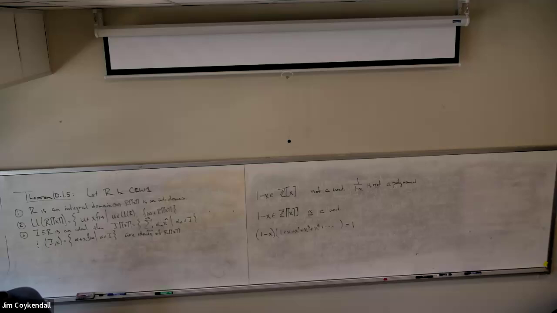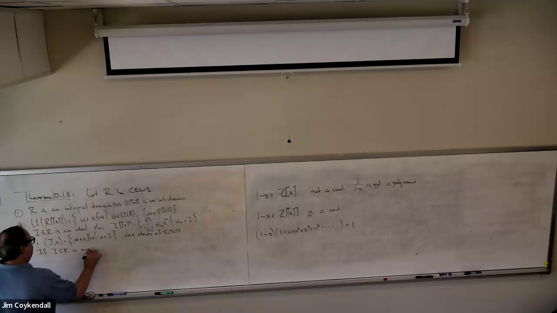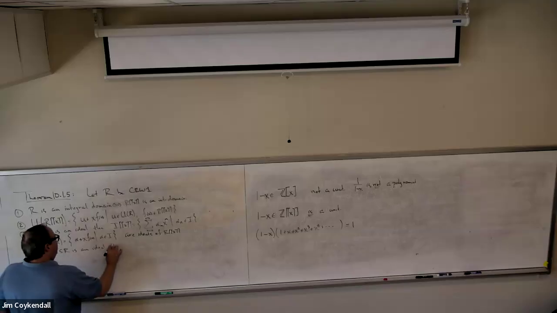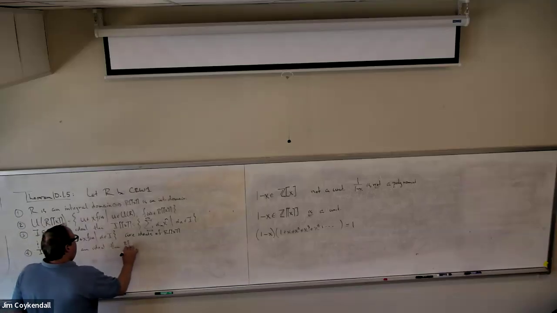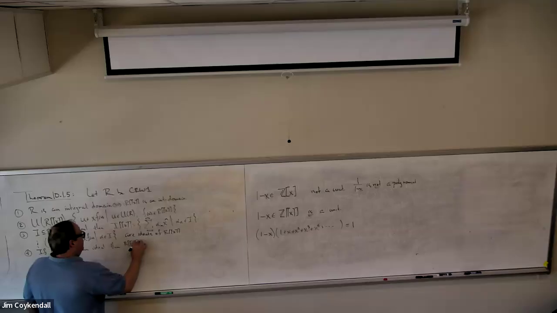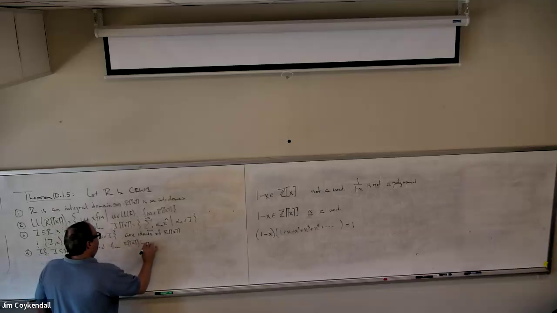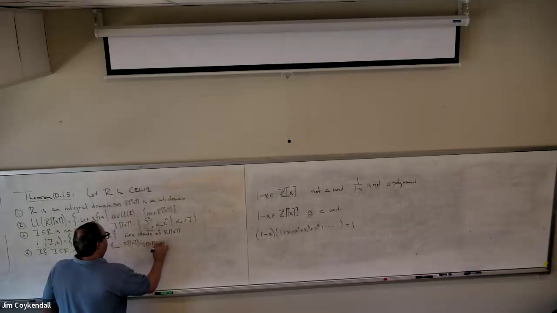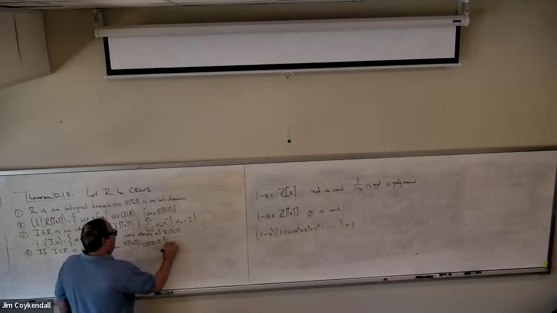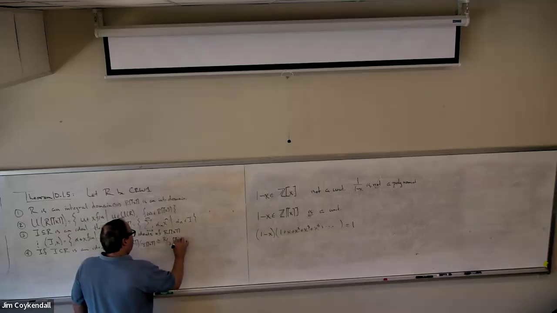If I in R is an ideal, then R[[x]] mod I[[x]] is isomorphic to (R/I)[[x]].